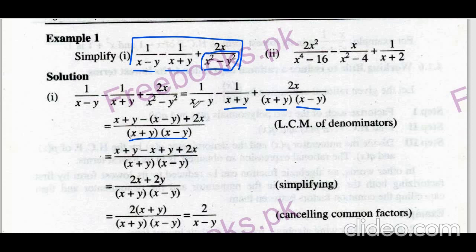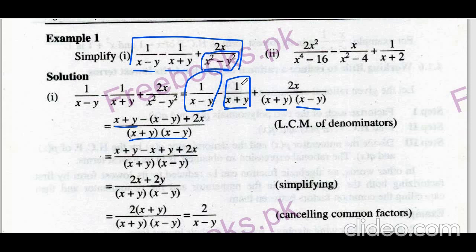Now the denominator of this term is x minus y, and according to the LCM, x plus y is not in the denominator of this term, so we multiply x plus y with the numerator of this term, which is 1. So 1 multiplied by x plus y is x plus y. Minus: the denominator of the second term is x plus y, but x minus y is not in it, so we multiply x minus y with the numerator, which is 1.